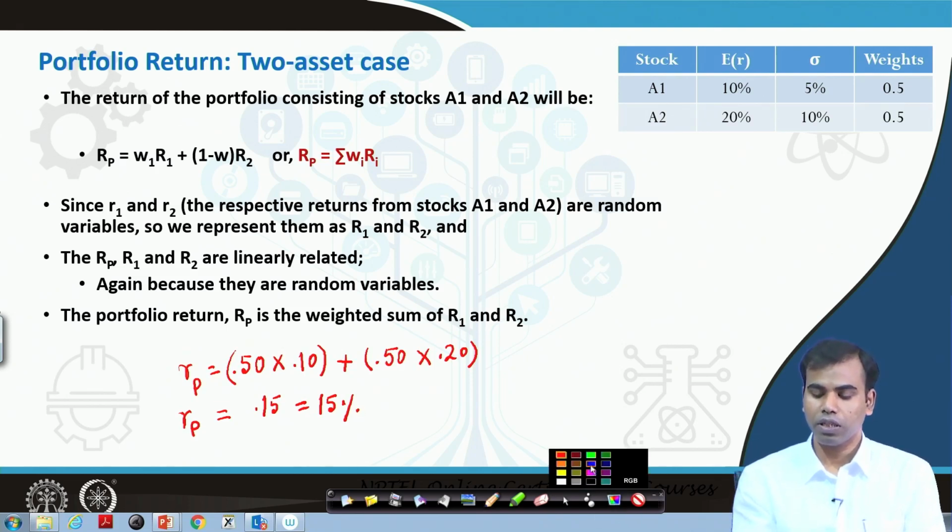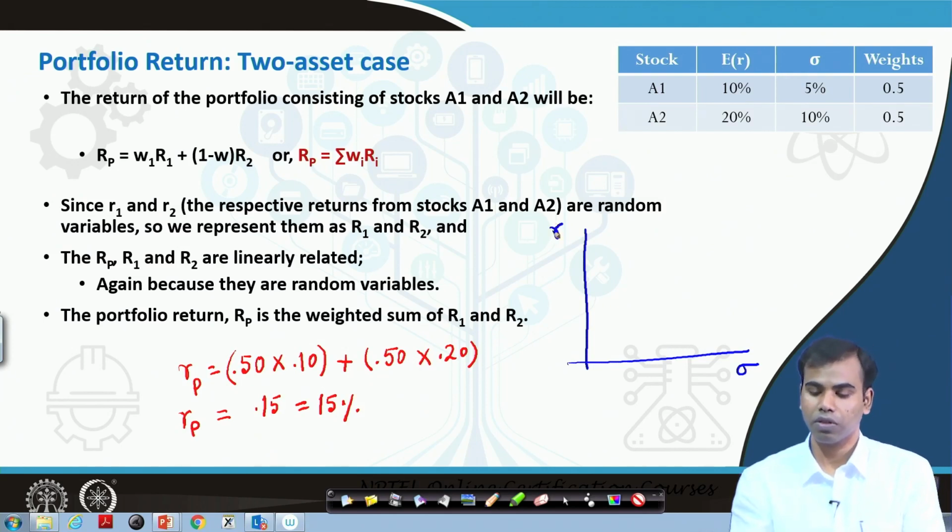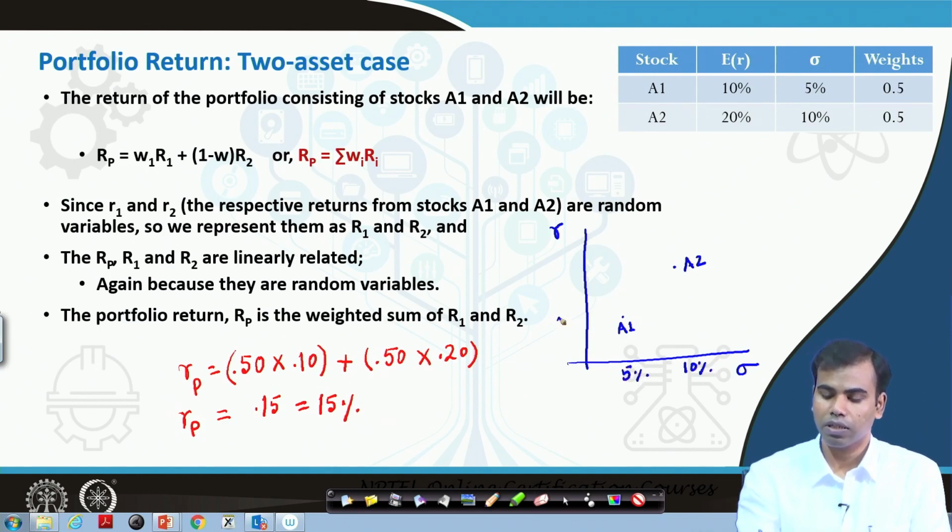If we try to illustrate through the graph method, we have already shown that the risk and return can be plotted on a two-dimensional graph. This is A1 and this is A2, where this has 10% risk, this has 5% risk, this has 10% return and this has 20% return.